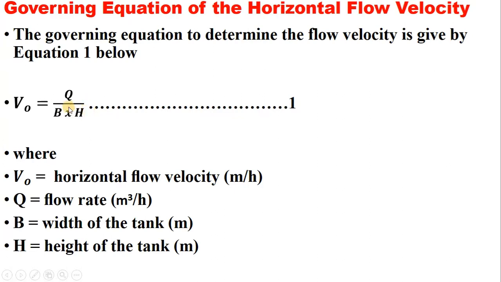So, this one at the denominator, B times H, is the area of the tank. That is the surface area of the tank. So if you know the surface area of the tank, which is the width times the height, and you know the flow rate, then the horizontal velocity can be calculated.